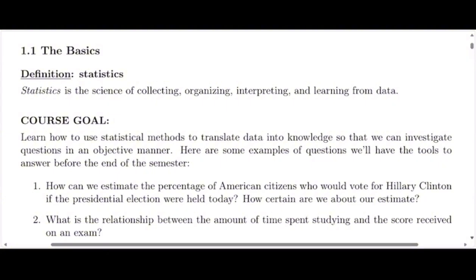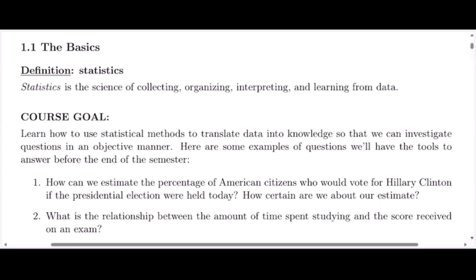I told you the other time, information is hidden in the data. We need statistical models to be able to have access to the information, and that is exactly what we're trying to do.